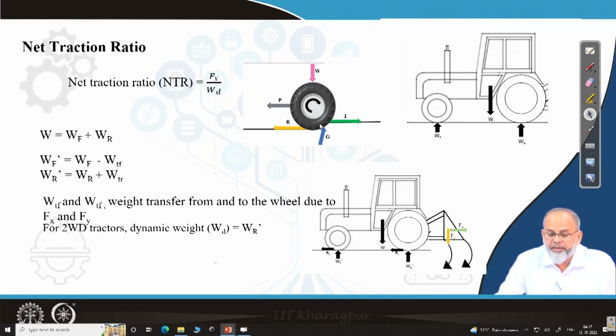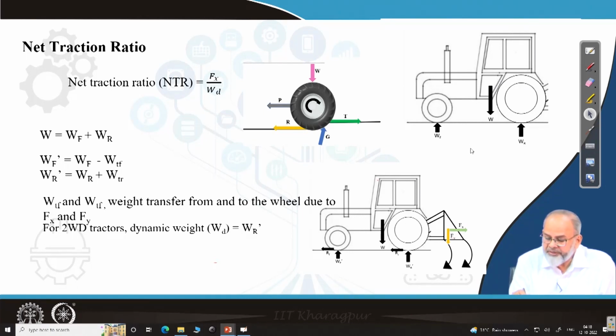The tractor which I have indicated on the right side, and this is a single wheel. In case of a single wheel, we can take WD as equal to W itself. But in case of a tractor, we cannot take W, which is the weight of the tractor, in the denominator. The reason is, if it is a two-wheel drive tractor, there will be distribution of weight to the front axle, there will be weight distributed to the rear axle.